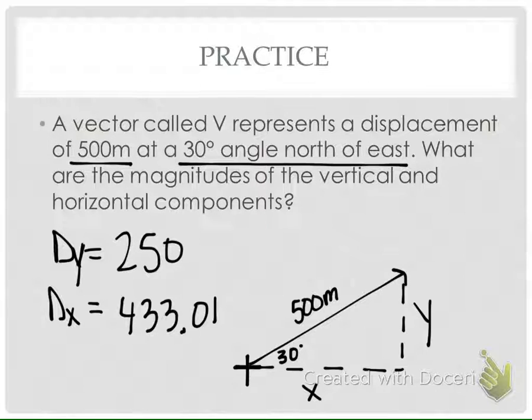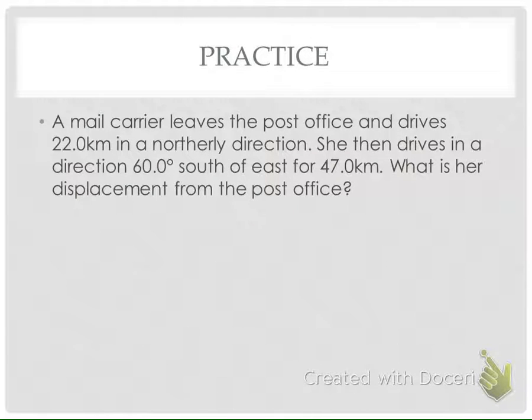Mine's probably not drawn to scale in terms of the angle, but as our angle gets larger, our y component should get larger. So we need to make sure that our scale kind of works there. 30 degrees would lead us to a small y component and a big x component. Okay? And our units would be meters. Do either of those components need to be negative? No. Okay. Very good.